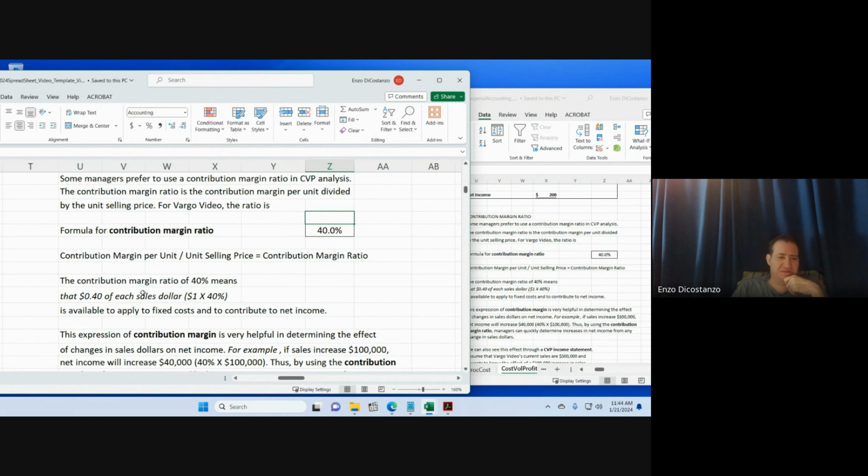So 40% means that 40 cents of each sales dollar goes to fixed costs and contributes to net income. So in other words, once you've paid off your fixed cost, now you're in the income part.